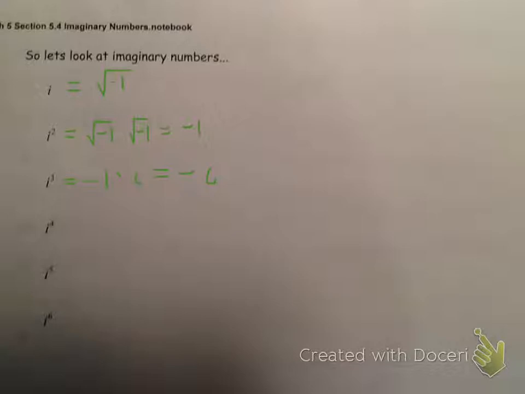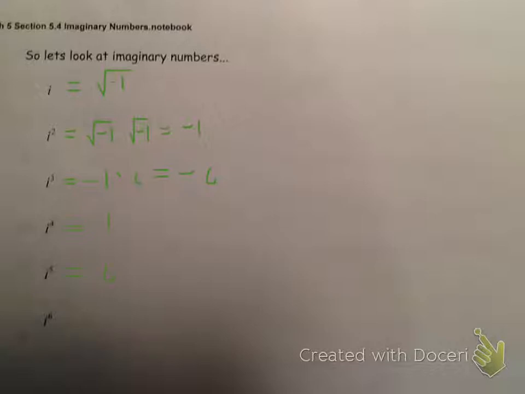So i to the fourth would be i squared times i squared, or negative 1 times negative 1, which is just 1. And i to the fifth would be i to the fourth times i, which is 1 times i, which is just i.